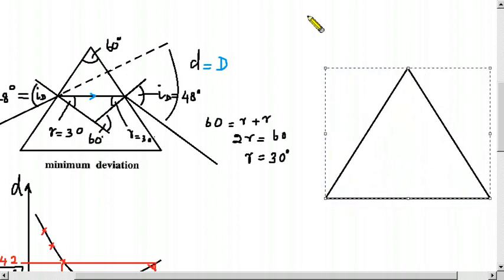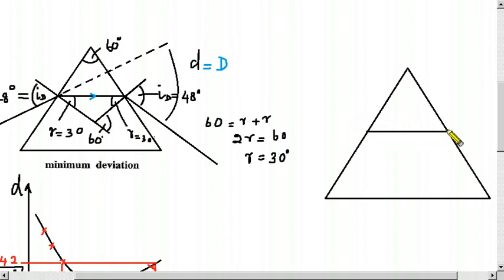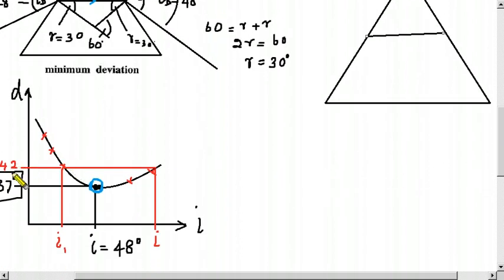What happens? The ray doesn't go symmetrically like this, because this is not the minimum deviation I am going to draw, other than the minimum deviation state. So it may be like this. The deviation should be higher here, 42.